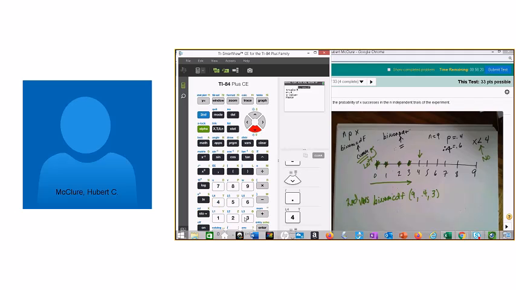And X is 3. Now, if you have an old calculator, when you pull up binomial CDF, it's going to give you this parenthesis, and you type in 9, comma, 0.4, comma, and 3, and close parentheses. And that's going to be, the answer is 0.4826.